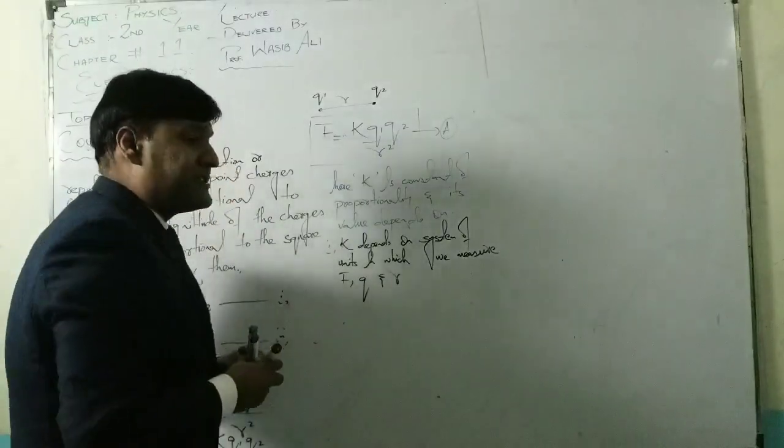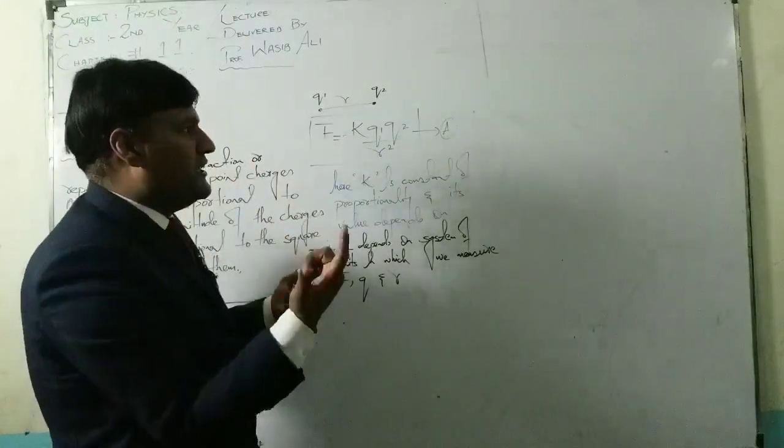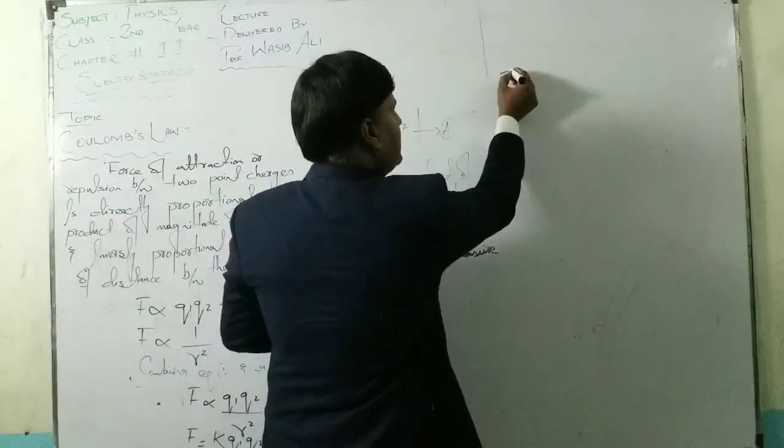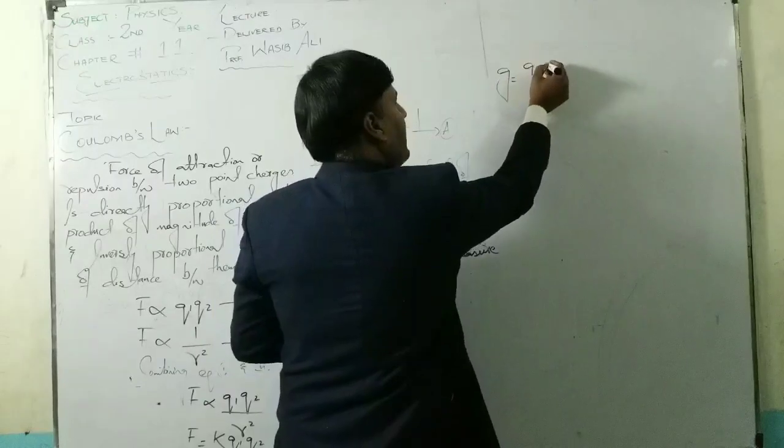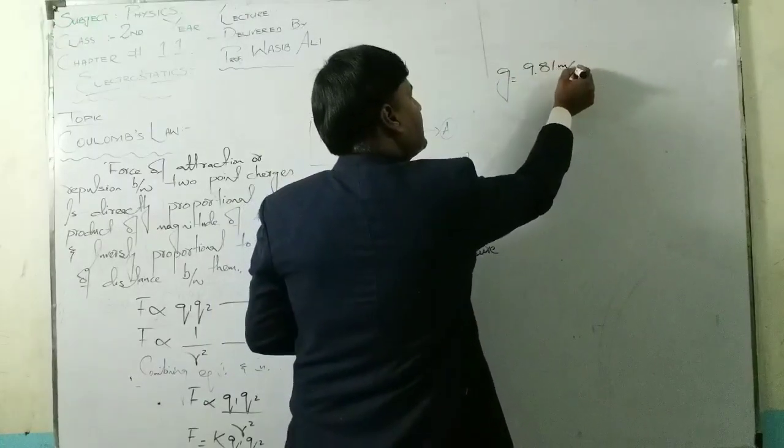And obviously, for example, I will take an example of the value of g. If you consider the value of g, its value in the SI system is 9.81 meter per second square.